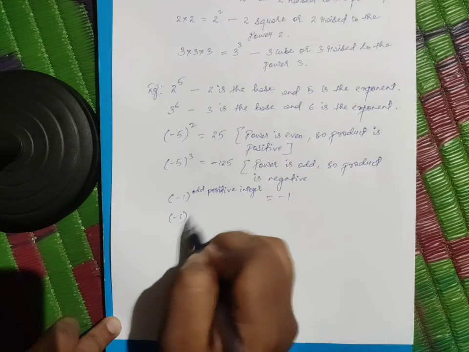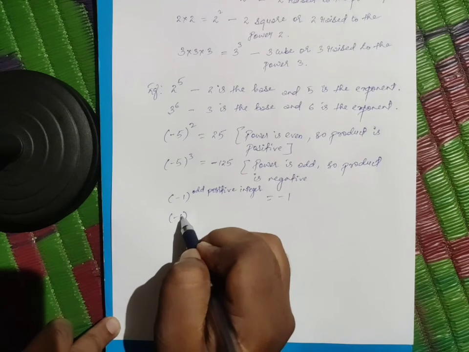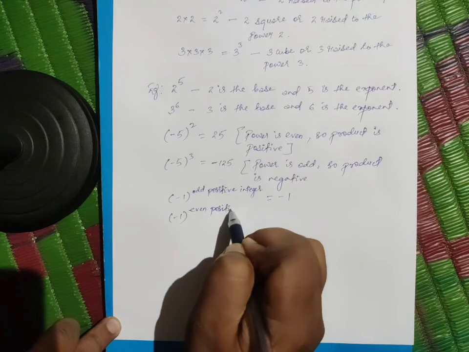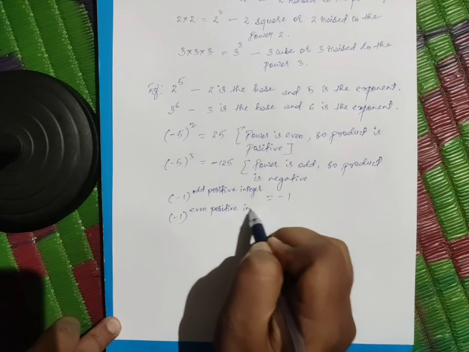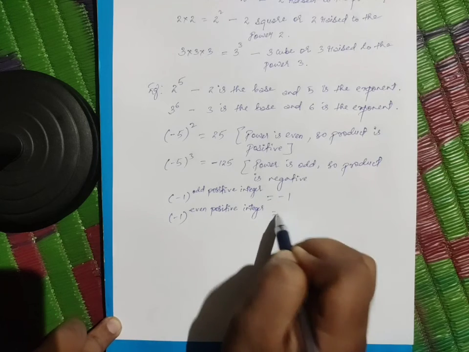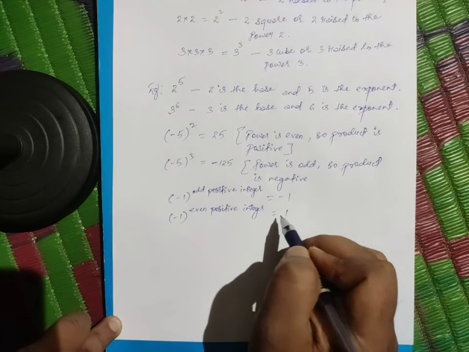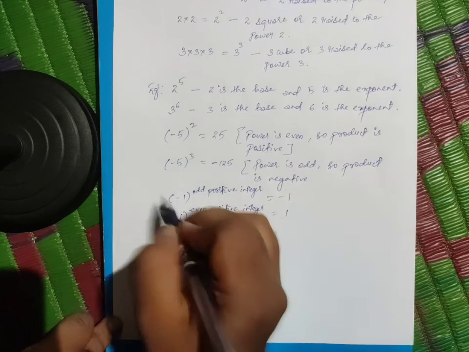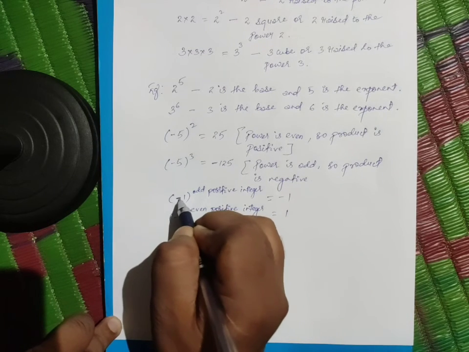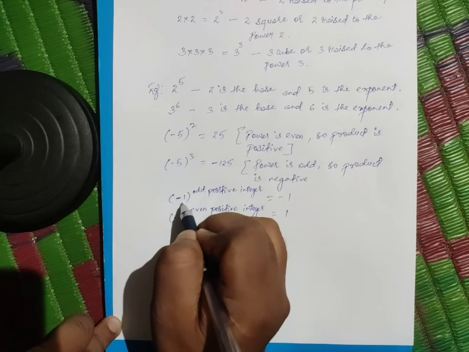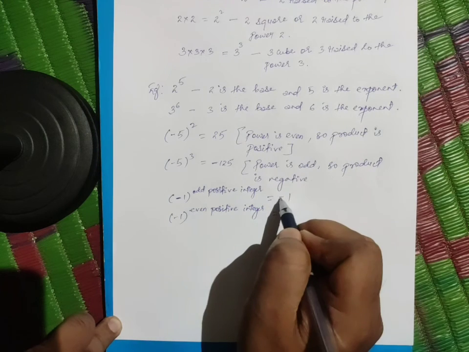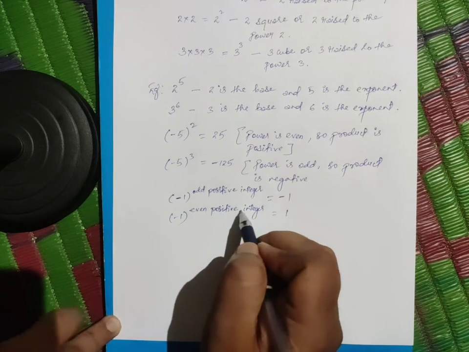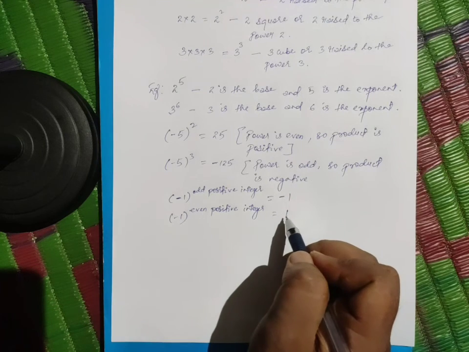And if a negative number is raised to the power of an even positive integer, our answer will be 1, because the power is even. So if the question given is minus 1 to the power of an odd number, then the answer will be minus 1. And if minus 1 to the power of an even positive integer, then the answer will be plus 1.